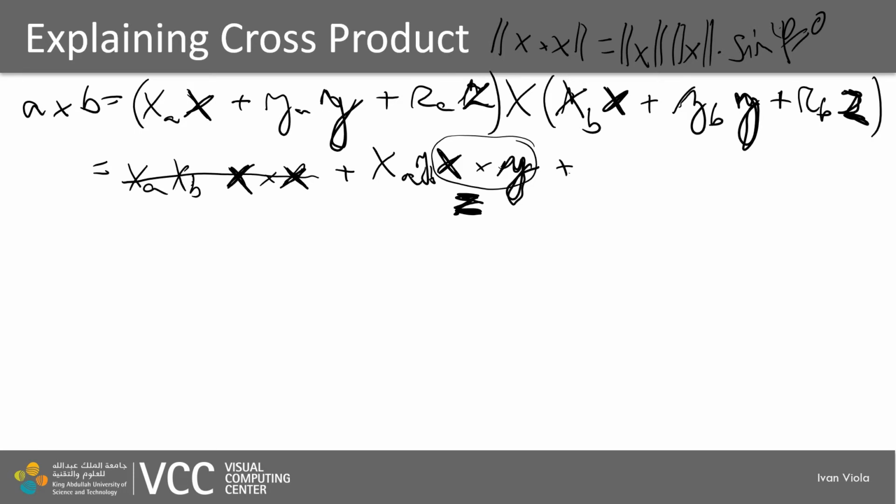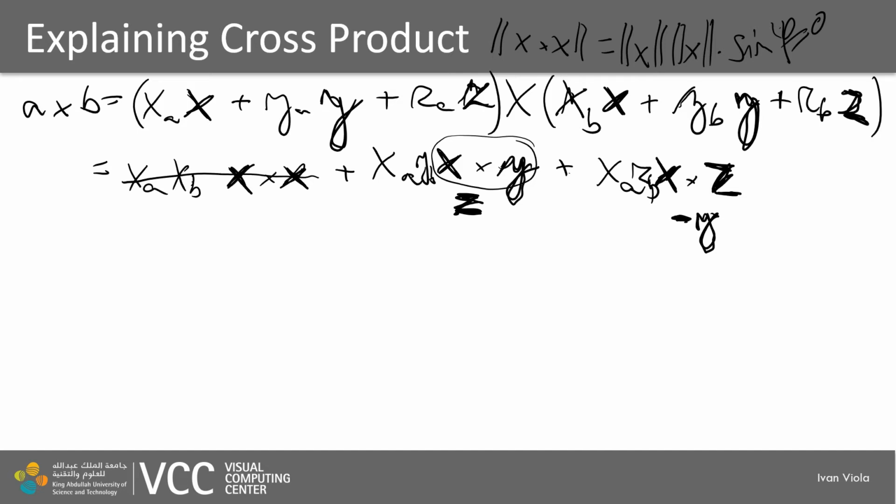Plus, we continue with XA ZB, X cross product with Z. What is the X cross product with Z? It turns out to be minus Y. This is where the minuses are coming into our equation.